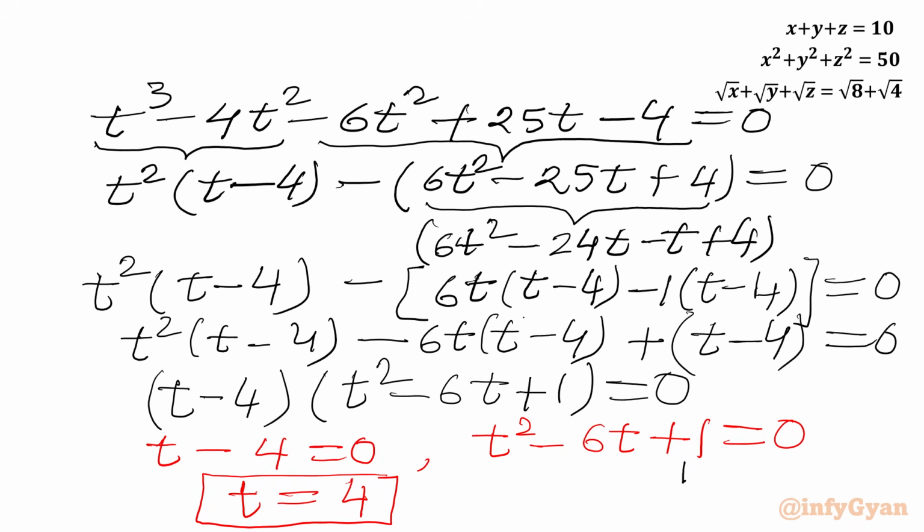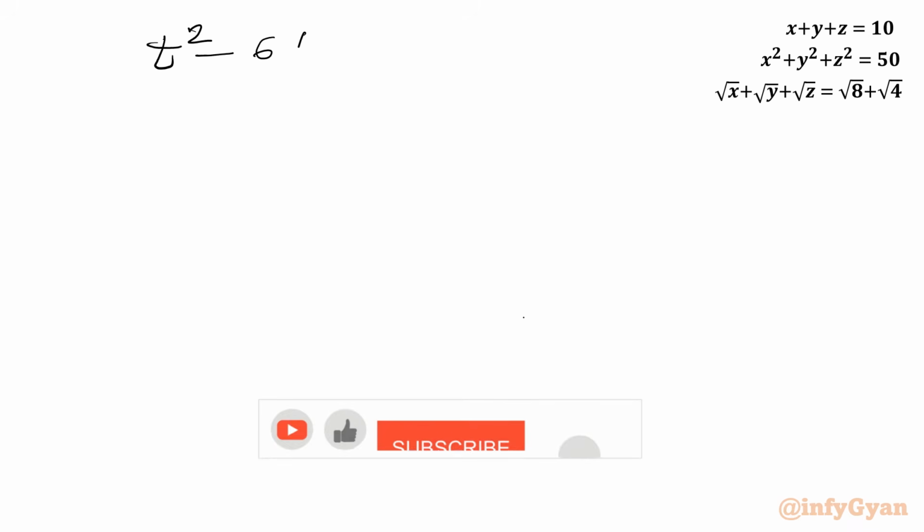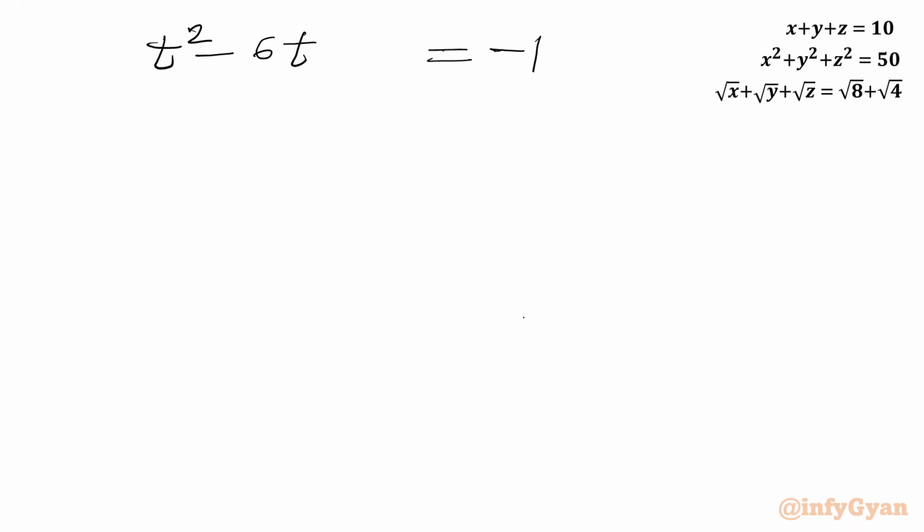I will take this plus 1 to the right hand side. So we can write t square minus 6t equal to minus 1. Now we will add 9 to both sides so that it will complete one perfect square on the left hand side.